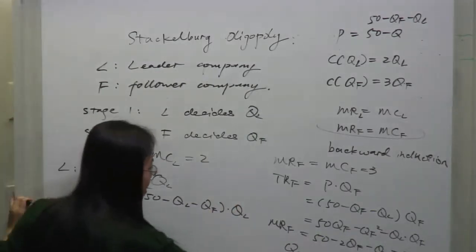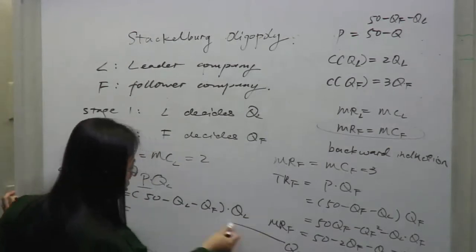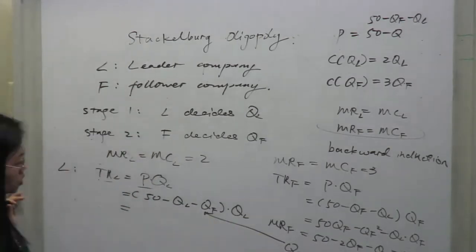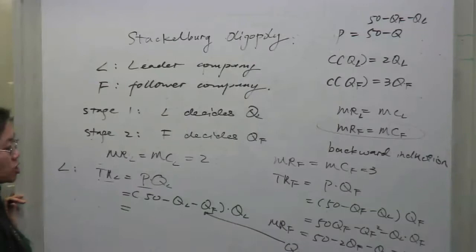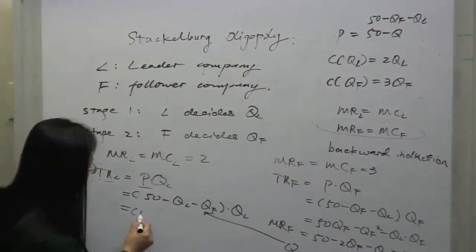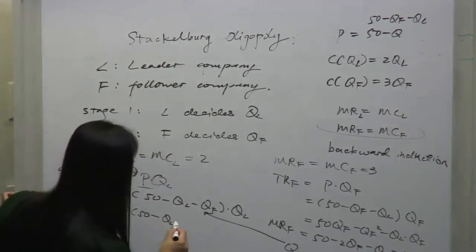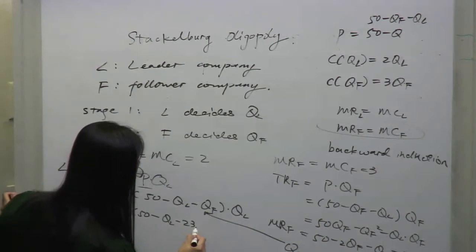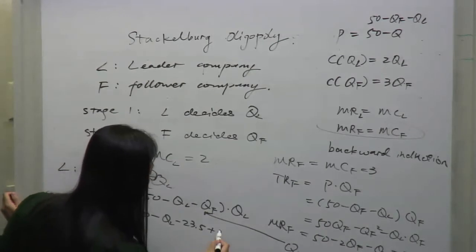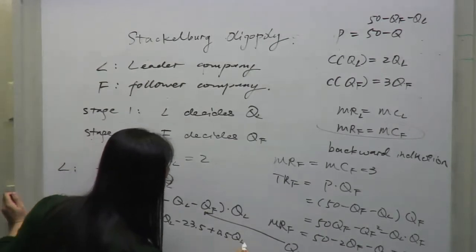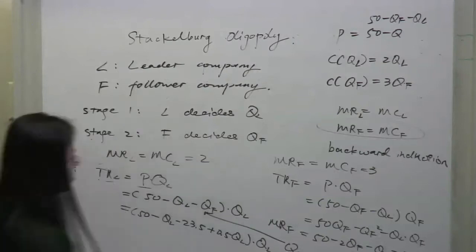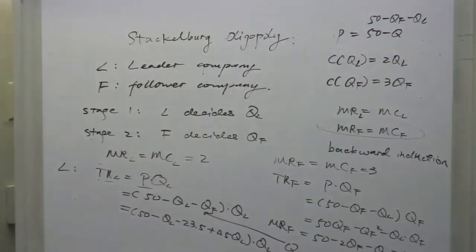Now we're going to plug this best response function into here for the leader. So we have 50 minus QL minus 23.5 plus 0.5 QL, multiplied by QL. That's what you have?